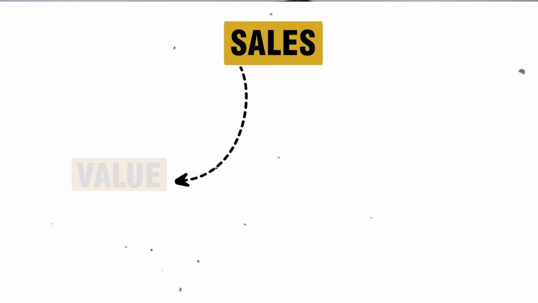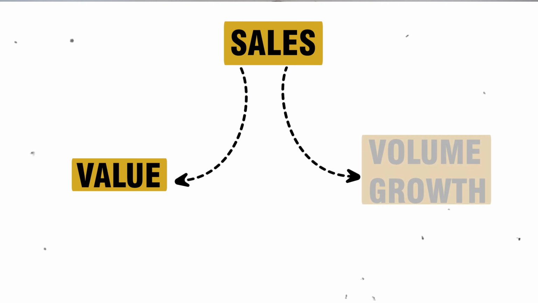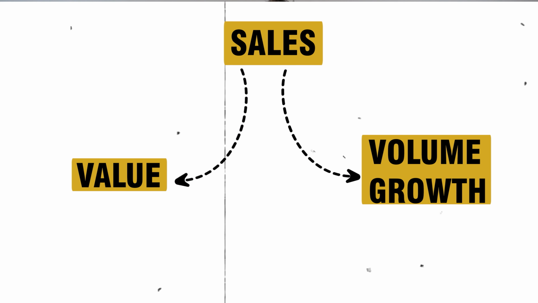Now, when we come to sales, sales is a function of value and volume growth. Value is basically how much you can get per ton of the product you've sold, and volume is the total tonnage, how many tons of steel product you're selling, 1 ton, 10 tons, 1 lakh tons, whatever. So that is the breakdown.